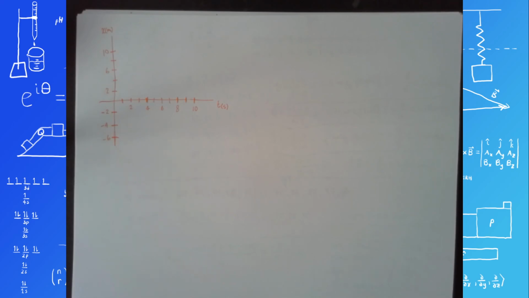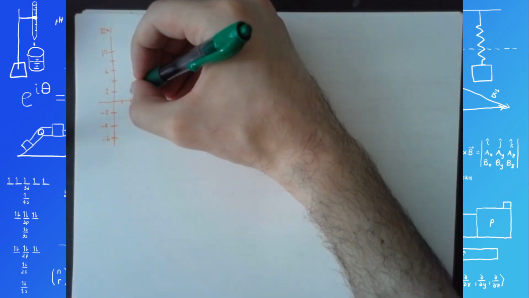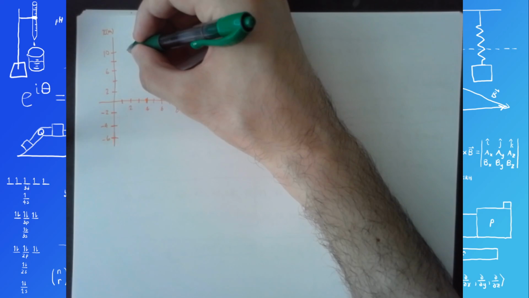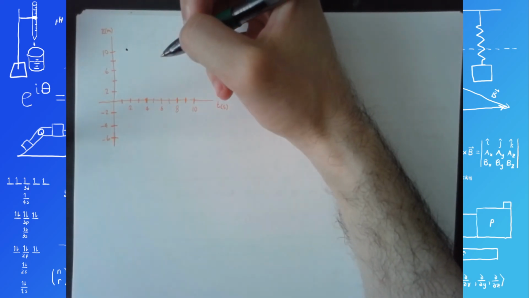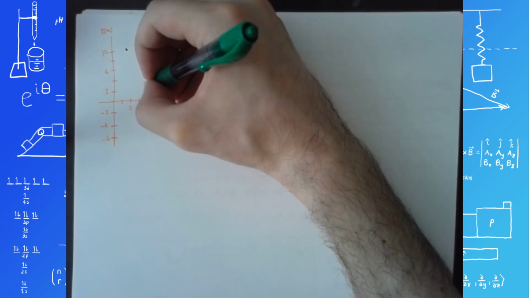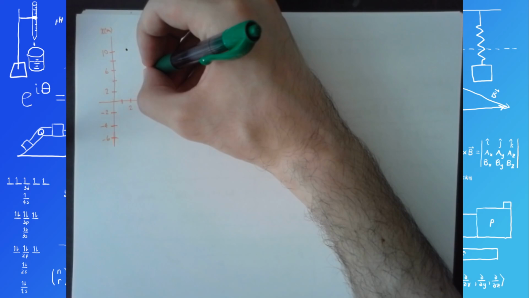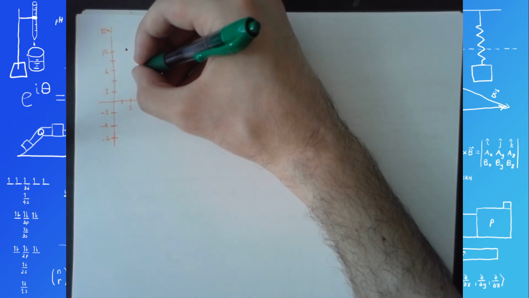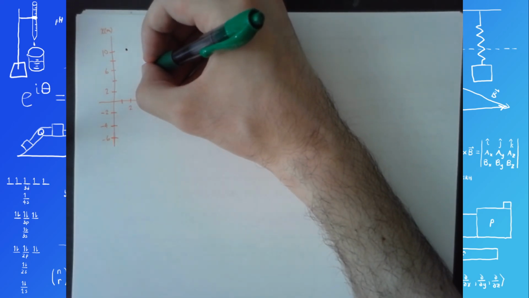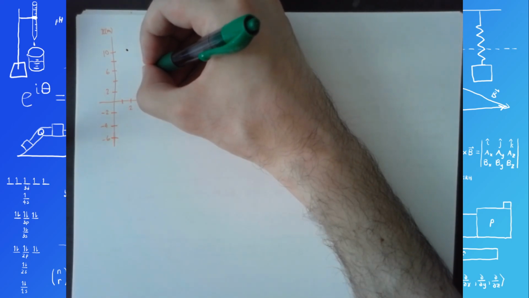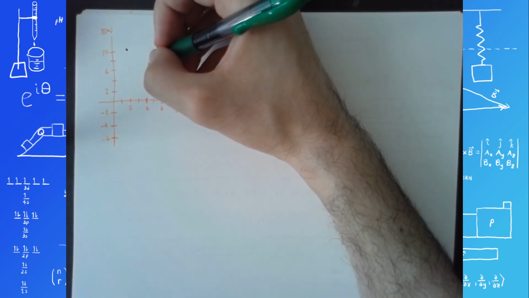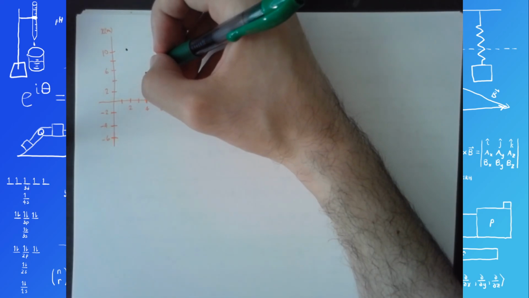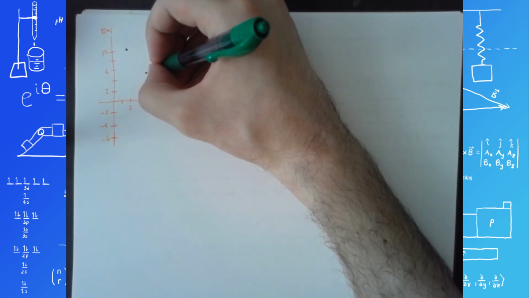So we have a sharp point at 2, 10, and at 4, 5, so between 6 and 4, something like that. And then 5, 5.